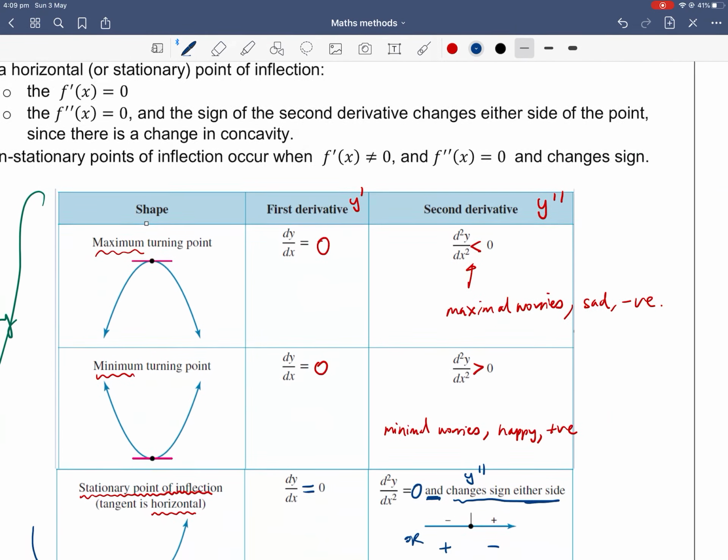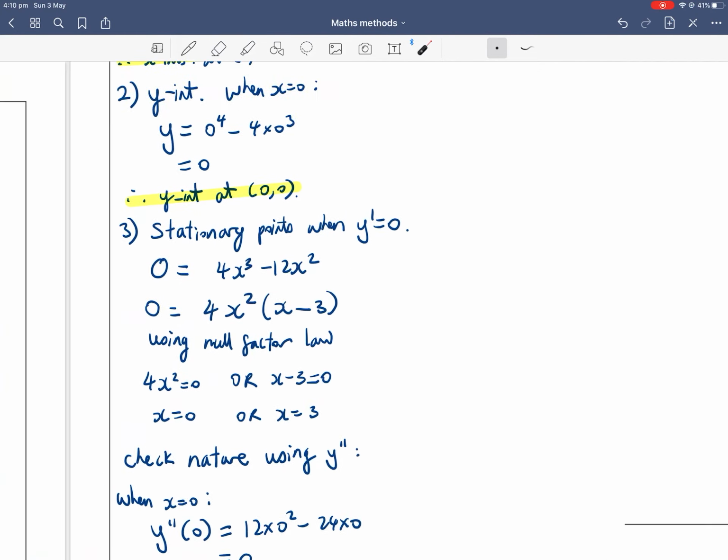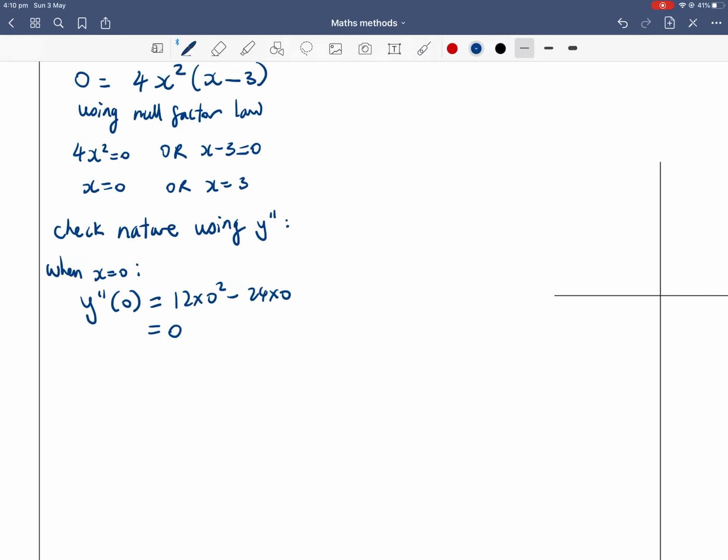So remember back on the table over here, if our first derivative is 0, it's either a sad face, happy face, or a stationary point of inflection. But right now I've worked out that my double derivative is 0, so it could possibly be a stationary point of inflection. The only thing we need to check as well is the changing of signs of our double derivative, just to make sure that it is a point of inflection. So y dash dash is 0, therefore it's a possible point of inflection.